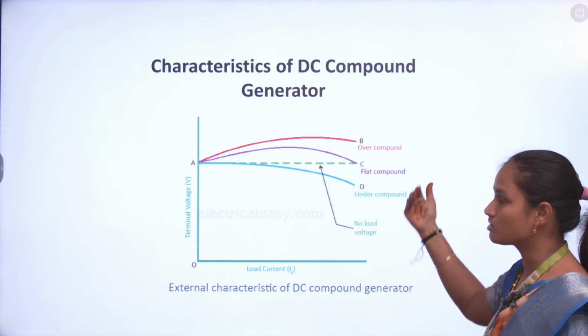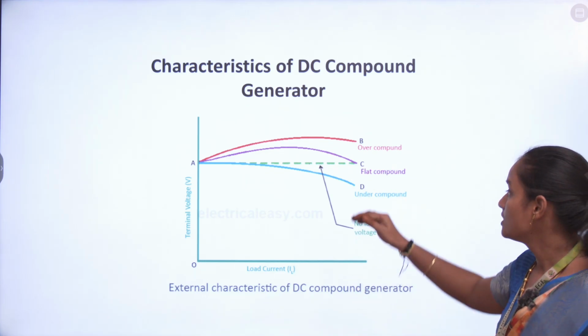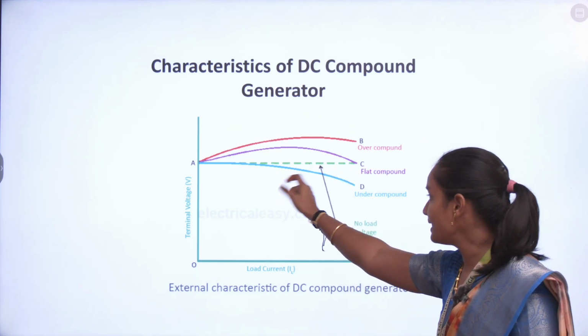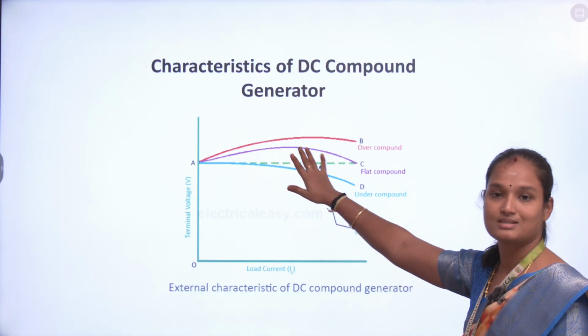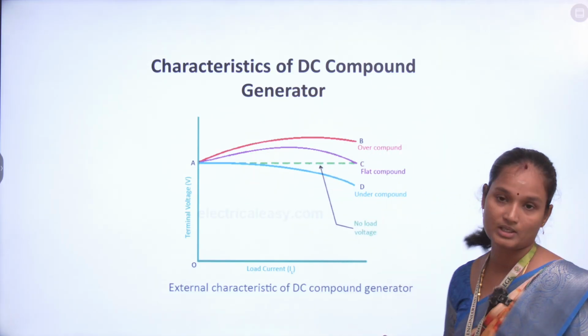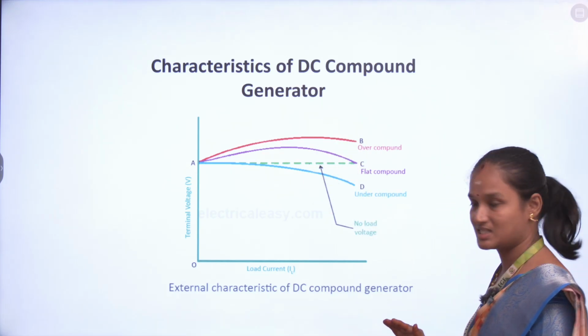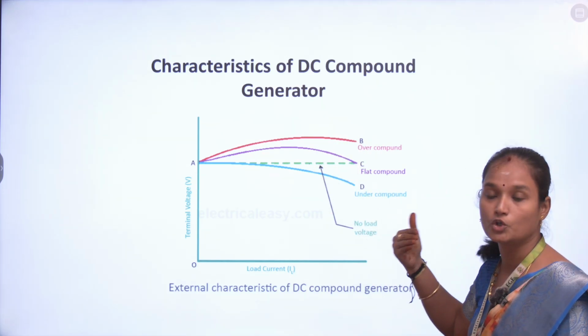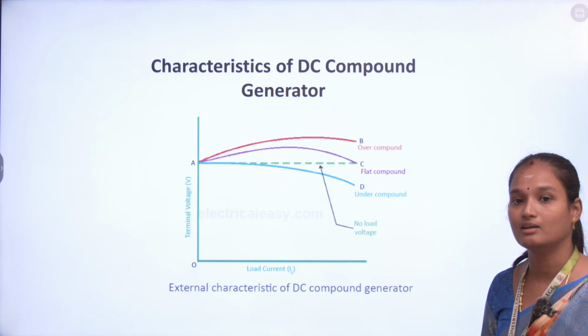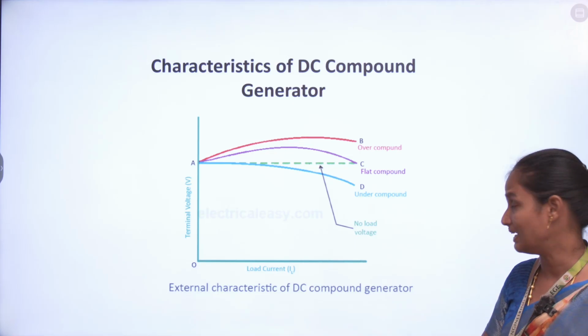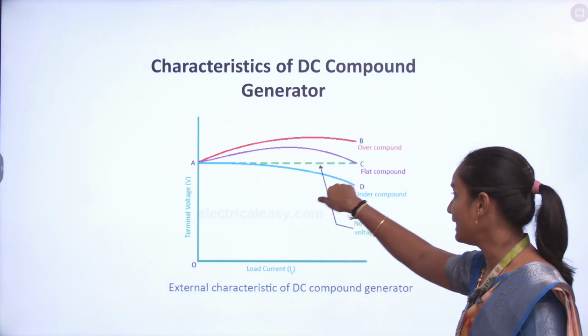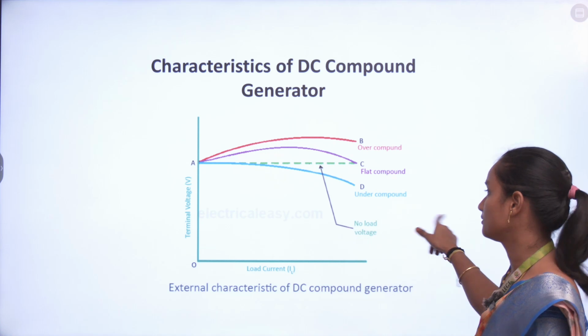Flat compound means it is the rated one. Over compound in the sense the voltage will be very high, therefore it reaches more than AC. Under compound in the sense the loss is going to be very high, therefore the voltage is going to be less, so AD will be lesser than AC.